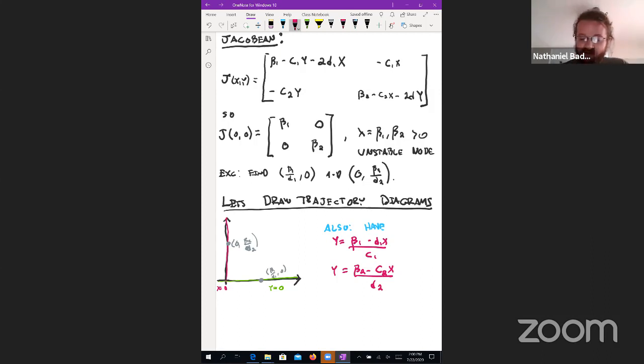And so in particular, since all the coefficients are positive, are these lines going to be increasing or decreasing?